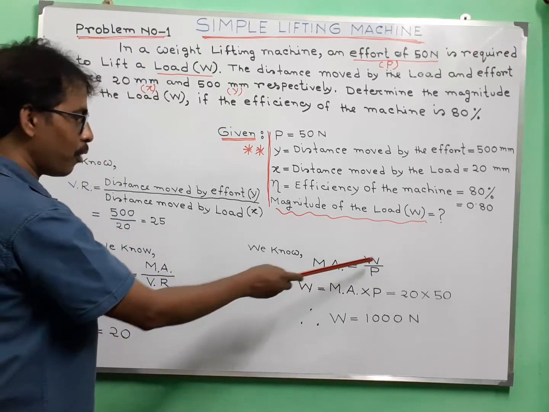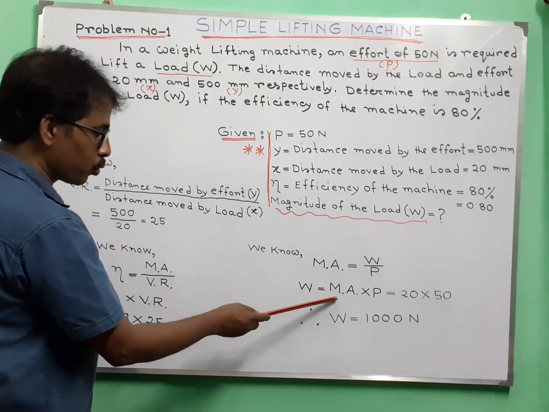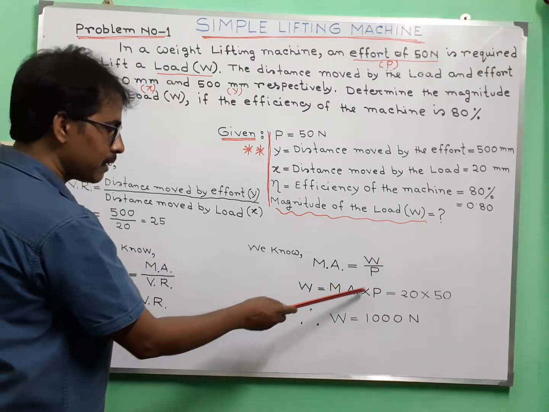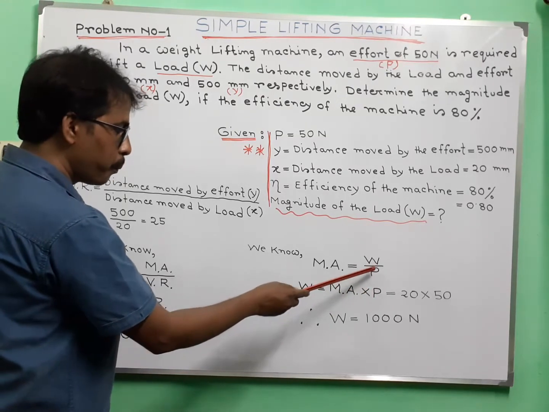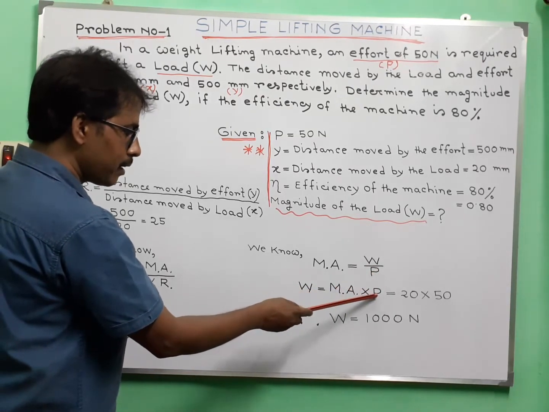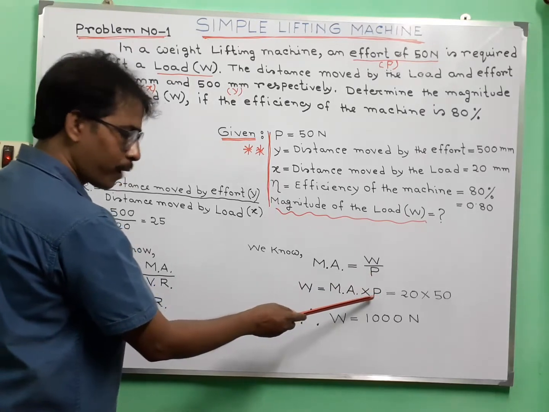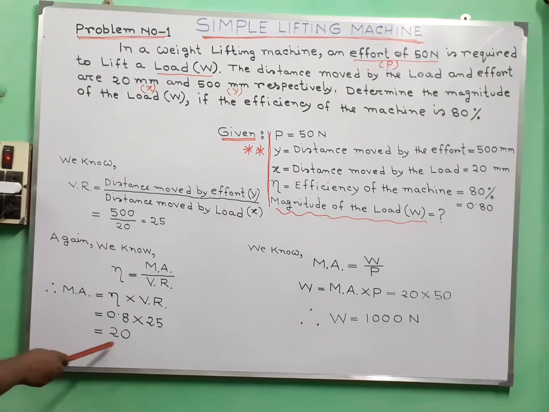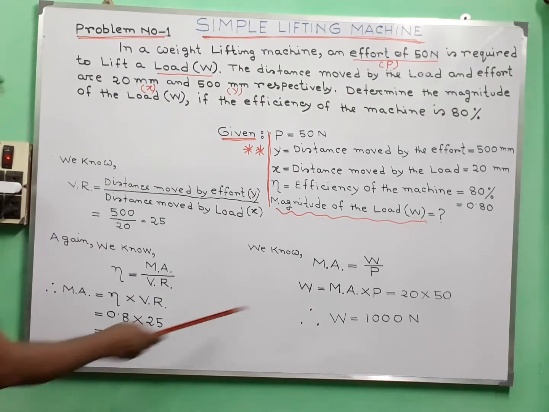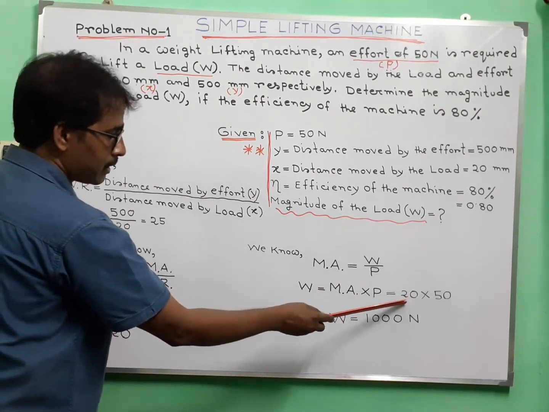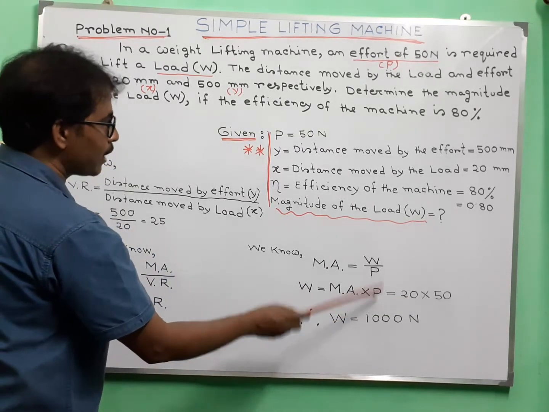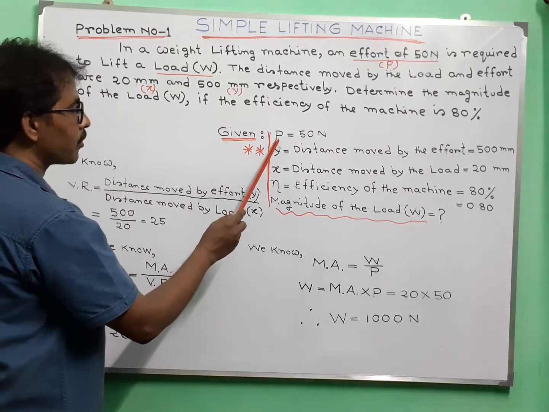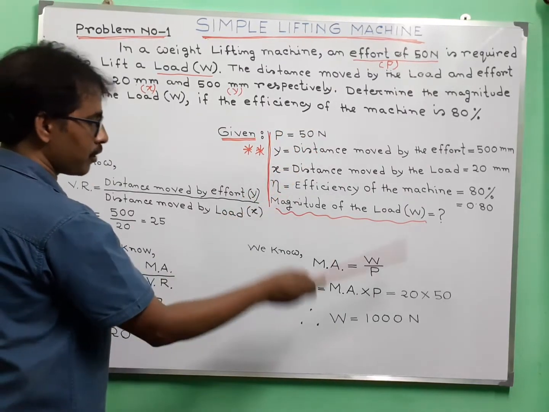Now W equal to MA into P. The value of mechanical advantage is 20, P effort applied is 50 Newton.